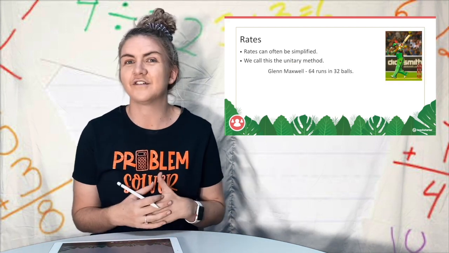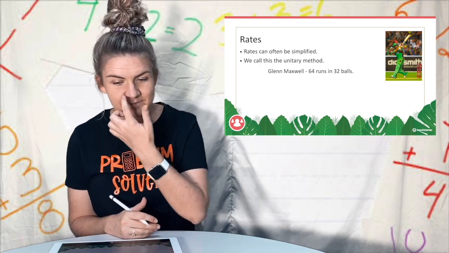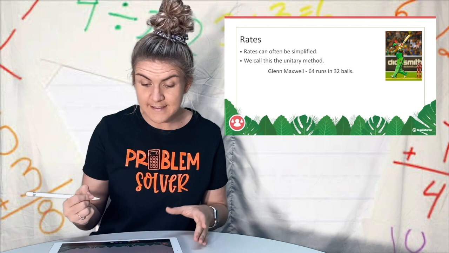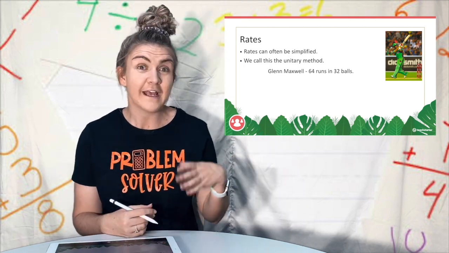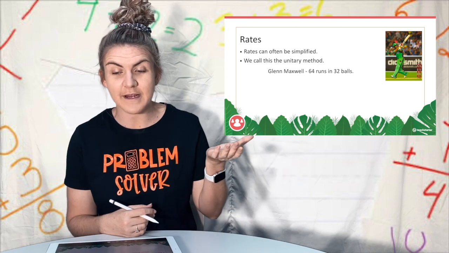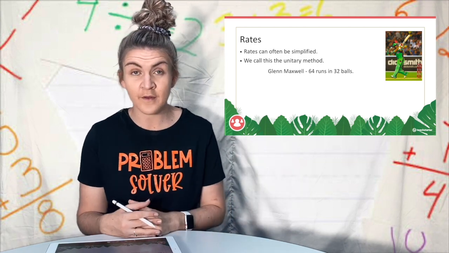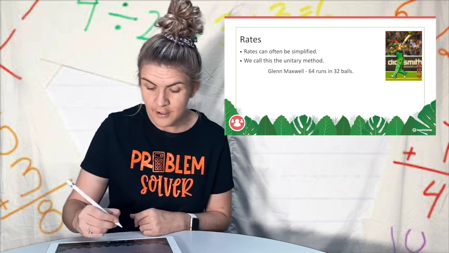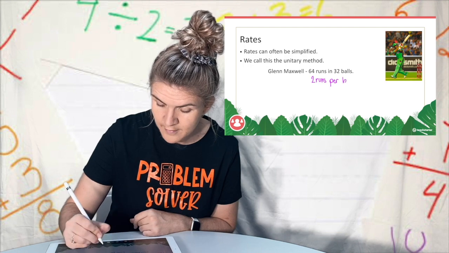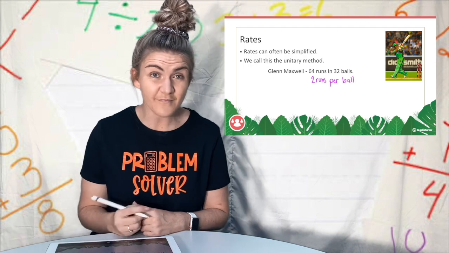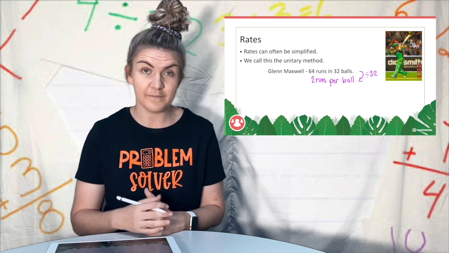This picture is of Glenn Maxwell, and he is the Melbourne Stars batsman. Let's say that he is able to score 64 runs out of 32 balls. His batting strike rate would then be 64 runs per 32 balls. We can simplify this down to 2 runs per ball. All I've done here is divide it down by 32.